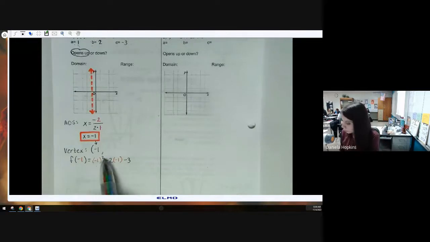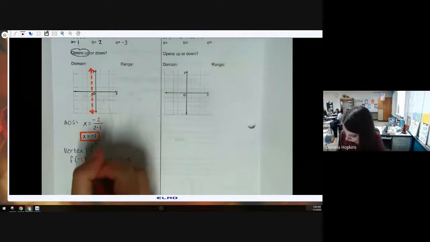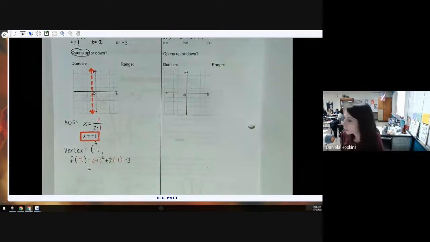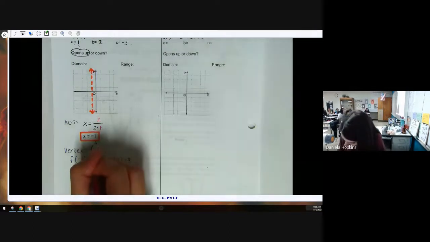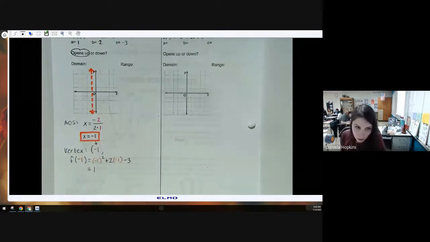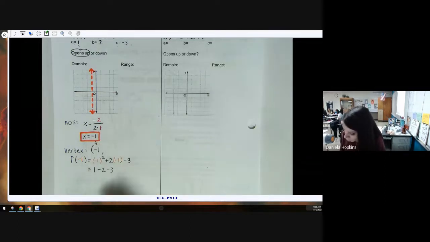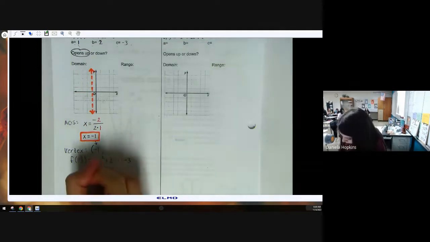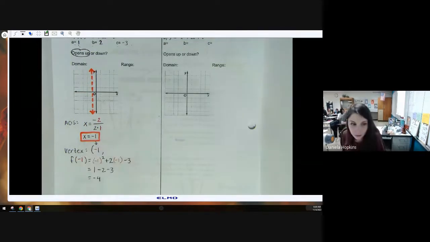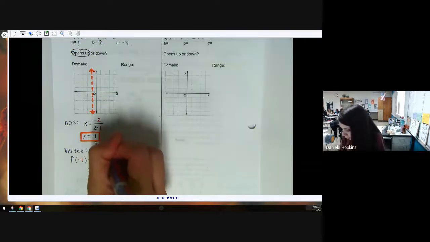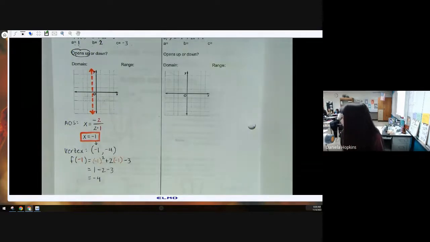What is -1 squared? What's -1 times -1? Positive 1. What's 2 times -1? -2. And then minus 3. So 1 minus 2 is -1. Minus 3 would be -4. So then my y value for my vertex is -4. That's all that function craziness meant. You plug this number into this and you'll get a number.